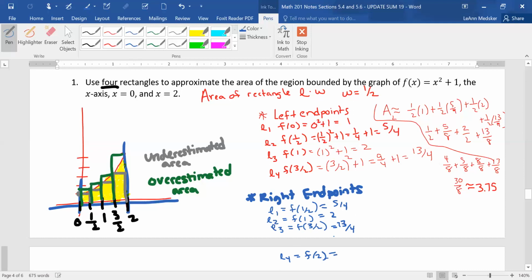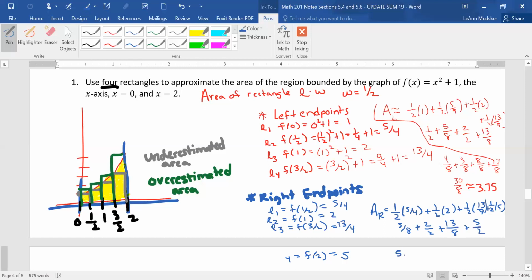So 2 squared is 4 plus 1 is 5. So then again, area using right endpoints is the width of our rectangles times each individual height. So this is going to be 1/2 times 5/4 plus 1/2 times 2 plus 1/2 times 13 over 4 plus 1/2 times 5. Okay, so we get 5/8 plus 2 over 2 plus 13/8 plus 5 over 2.